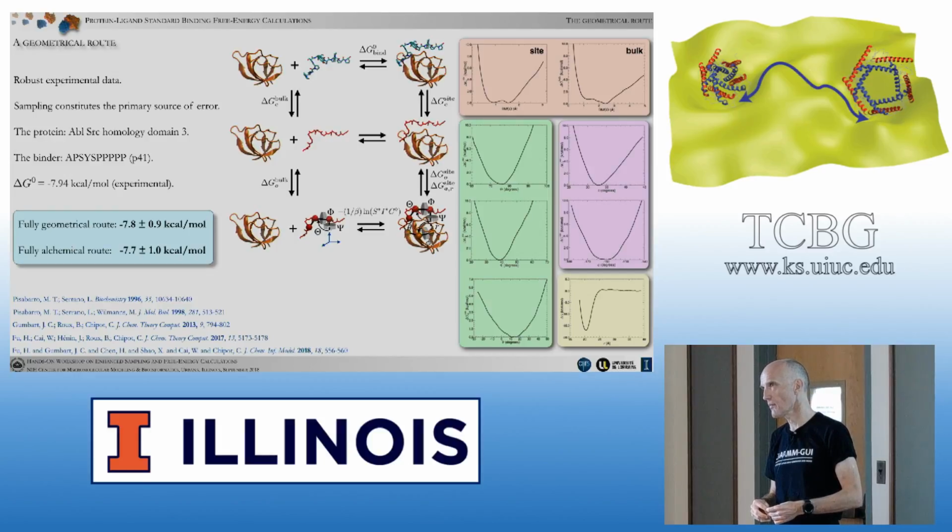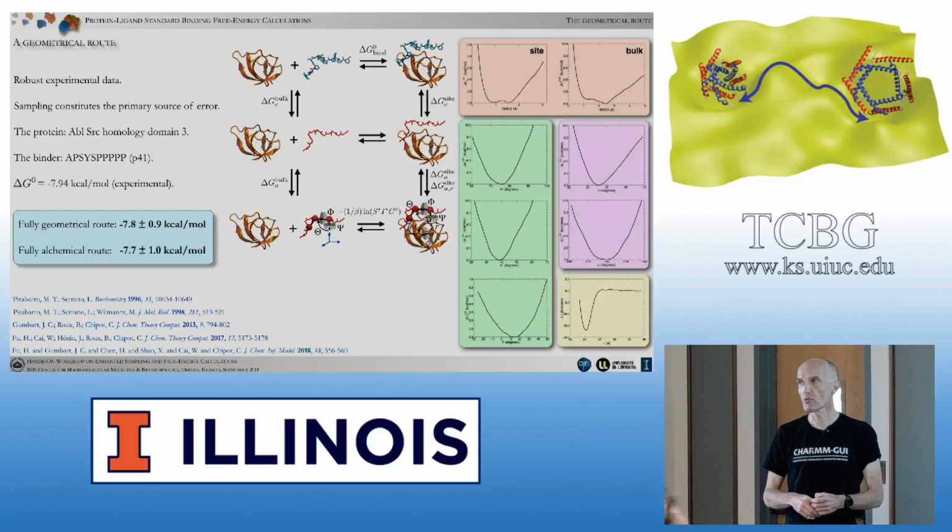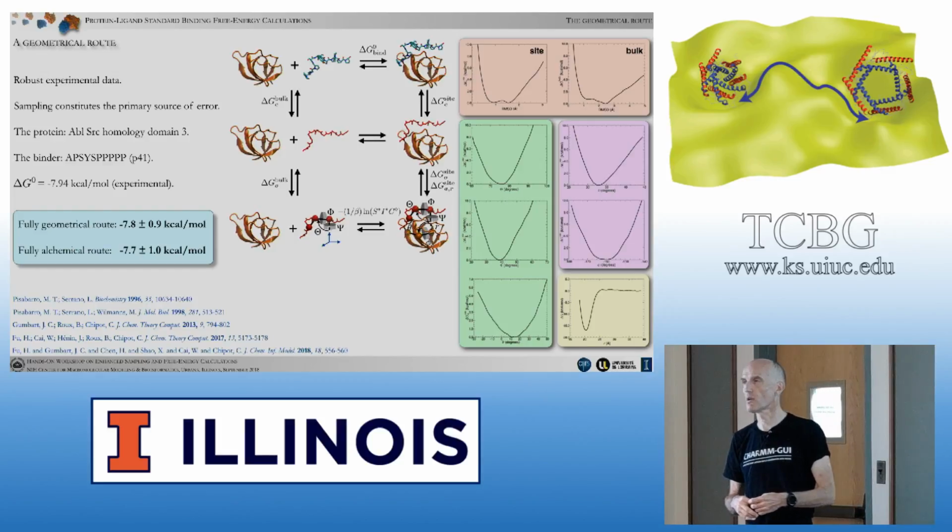How expensive are these calculations? Like this error calculation? No, like if someone wants to repeat them. So yeah, we've done that also. Typically for this kind of system, the SH3 domain with one of these decapeptides, that's about 200 to 300 nanoseconds.